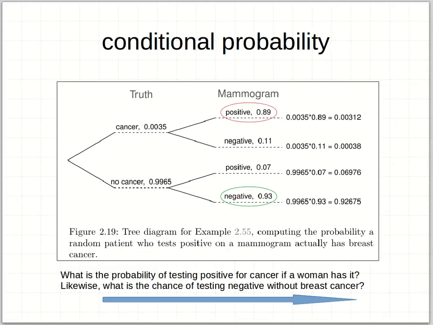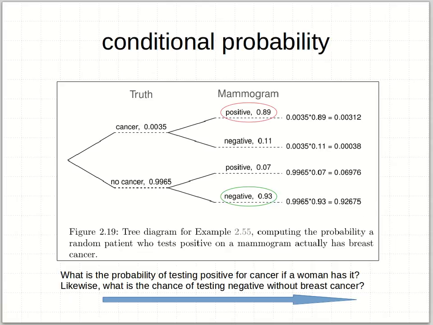We don't necessarily know that this 89% is that good an indicator, because guess what? If you take 0.0035 times 0.89, those two probabilities, it's actually quite a small probability of having that diagnosis. It's a much higher probability of not having cancer and having this negative diagnosis. Most women, fortunately, have that, okay?